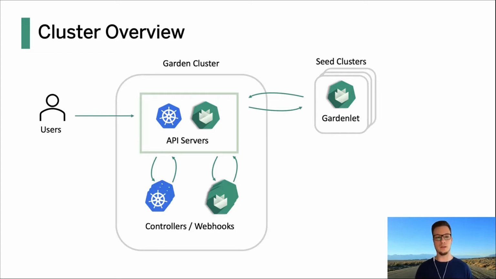And we do not only have users, but users may also write their own controllers and robots, which do that in an automatic fashion, contacting and talking to the API server. So that's the general setup that we have for Gardener.